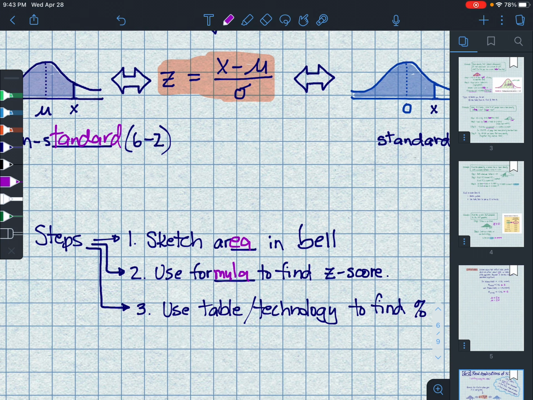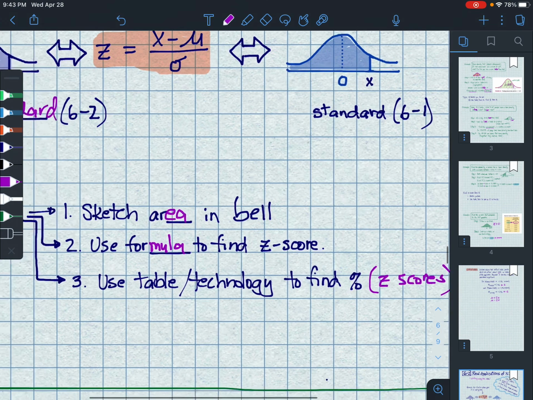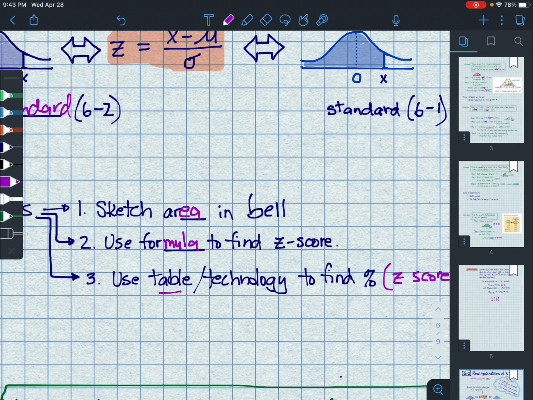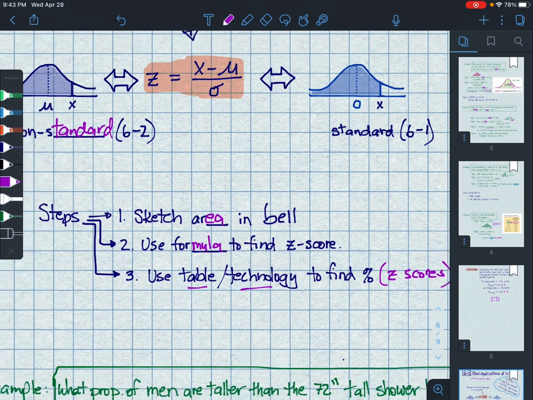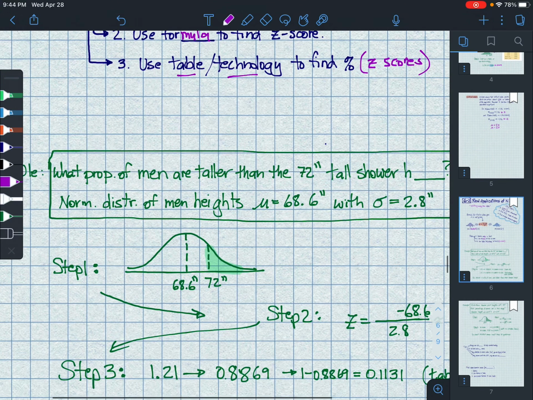And then finally, use technology to find the percentage or the z-score, because sometimes they'll give you the percentage. I'm going to start by using the tables. It's kind of easy to do that, but you should also have some sort of tech, whether it's your calculator or a spreadsheet, to look those values up.